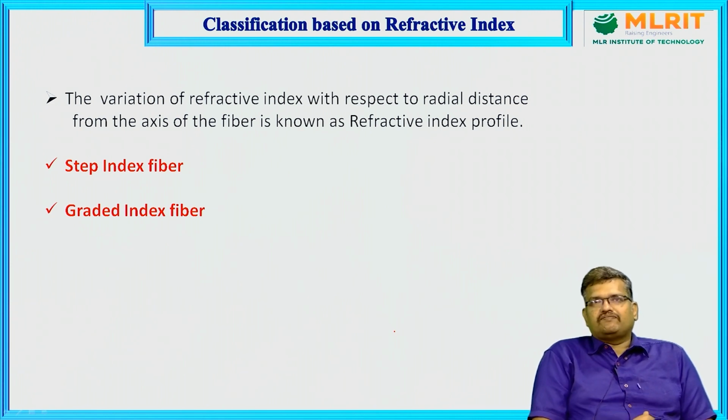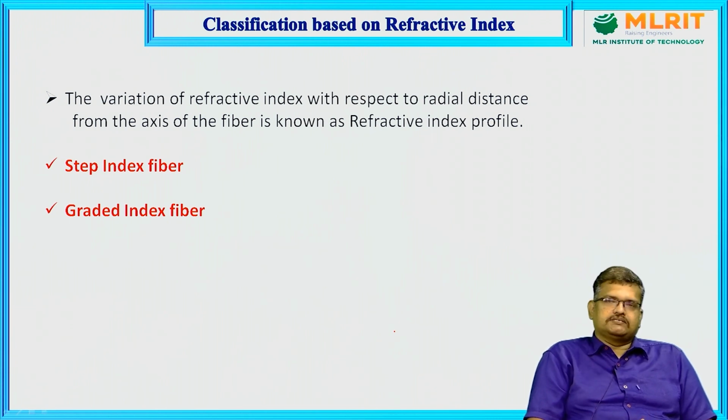The variation of refractive index with respect to radial distance from the axis of the fiber is known as refractive index profile. Based on the refractive index profile, we can categorize the fiber into step index fiber and graded index fiber. Let us see what are step index and graded index fibers.